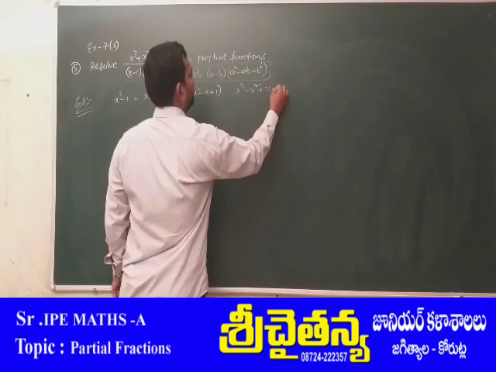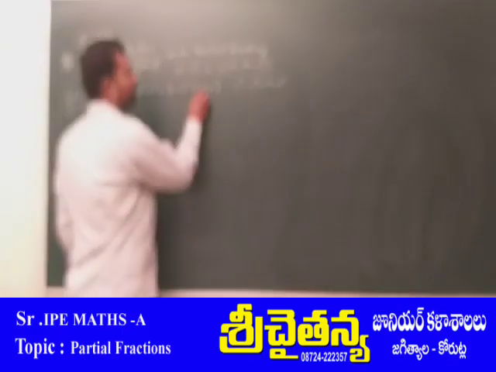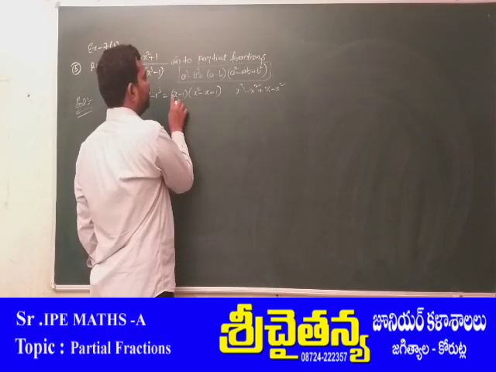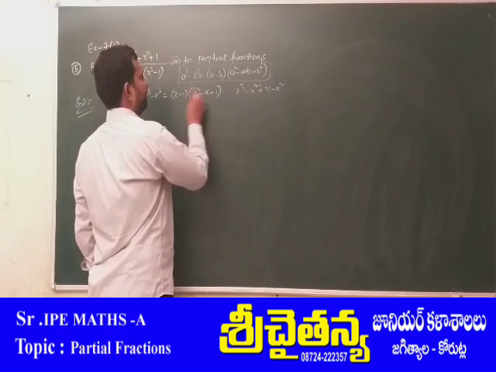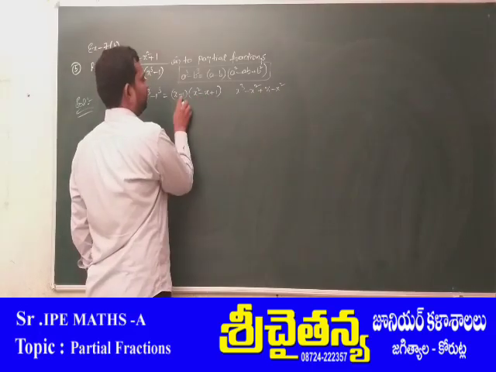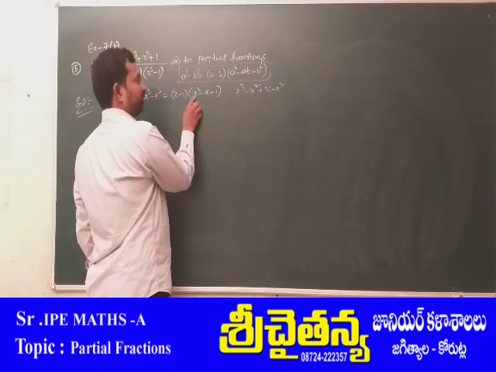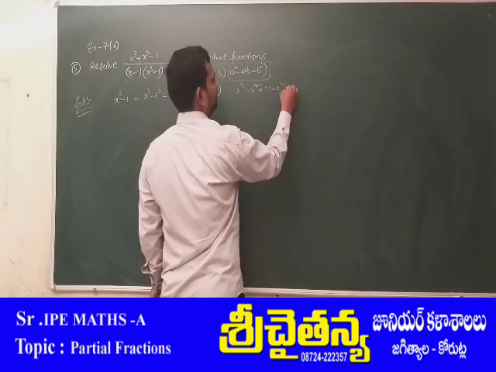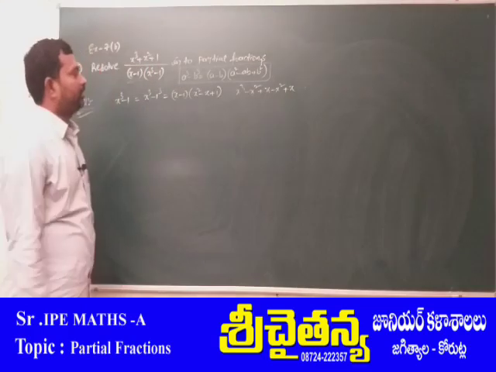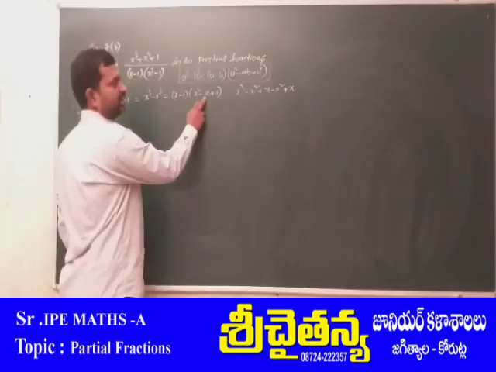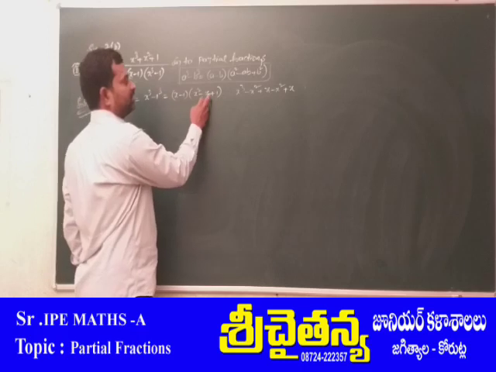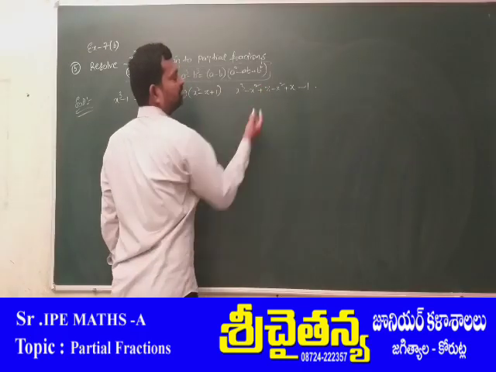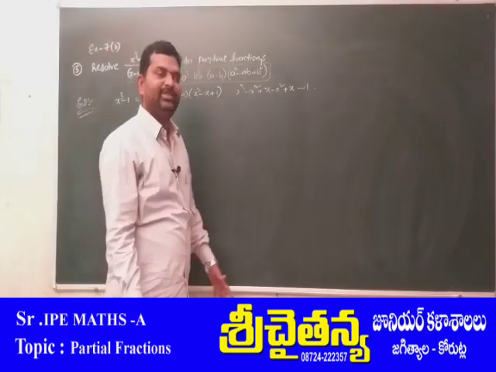Minus 1 into x square is minus x square, minus 1 into minus x is plus x, minus 1 into plus 1 is minus 1. So minus x square and minus x square do not cancel. That means we wrote it wrong here.